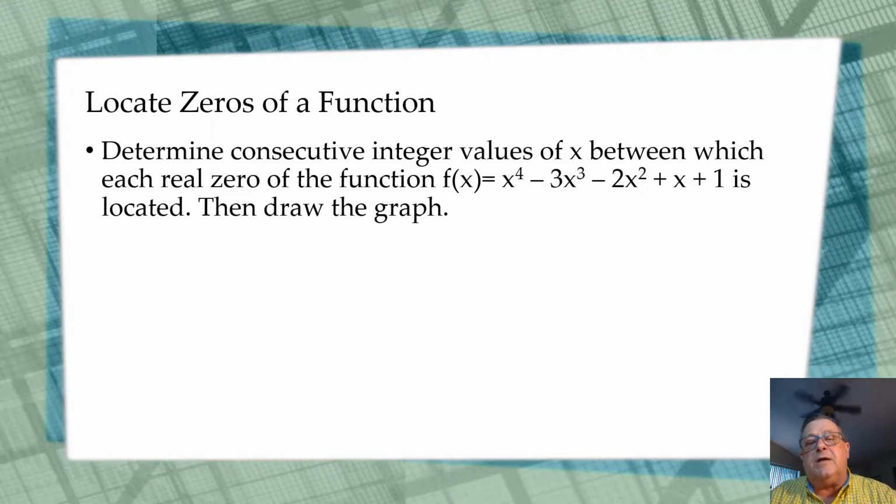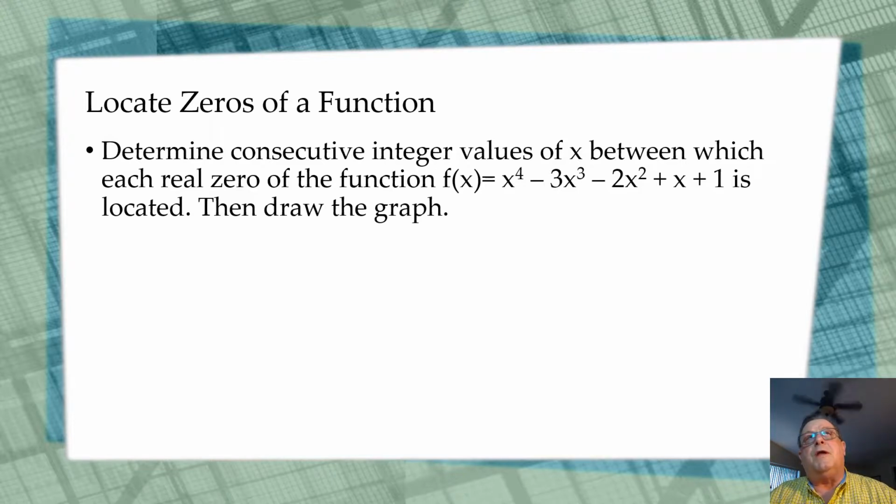What we're going to see in a few moments is that when we look at the table, with consecutive values of x, the y values associated with those consecutive integers will change signs. It'll go from negative to positive or from positive to negative.